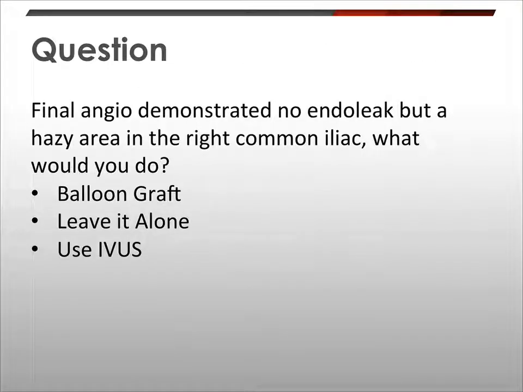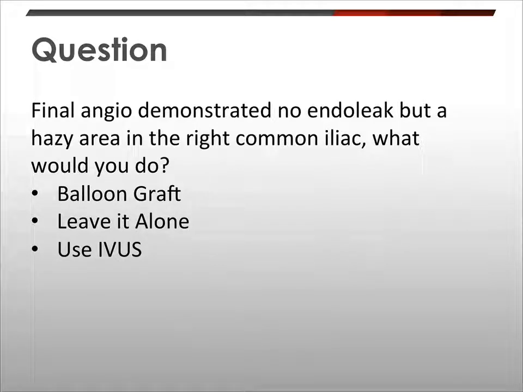Once I've done my final run, again using 20 cc's for 2 seconds, I identify any abnormalities in the graft itself, any endoleaks, make sure there's good renal artery flow, and good internal and external iliac artery flow.